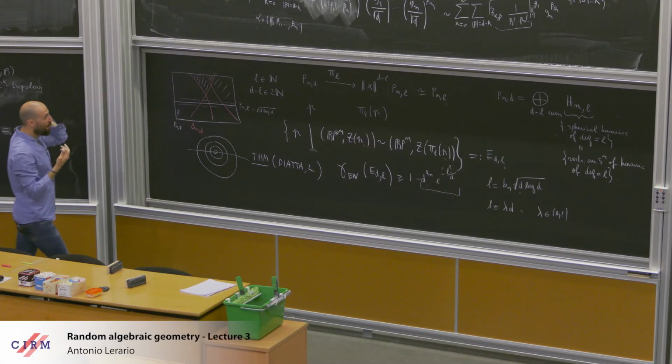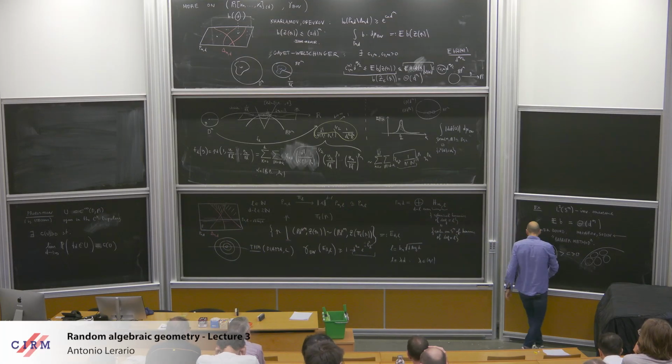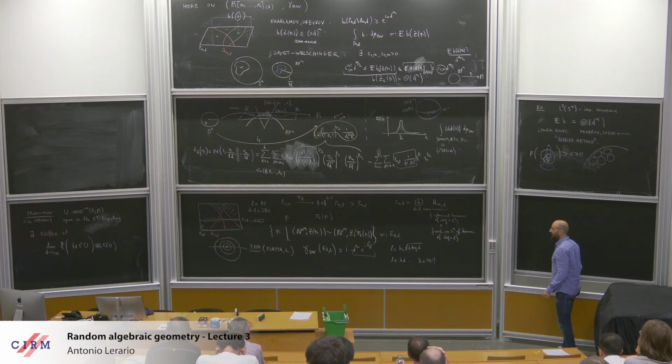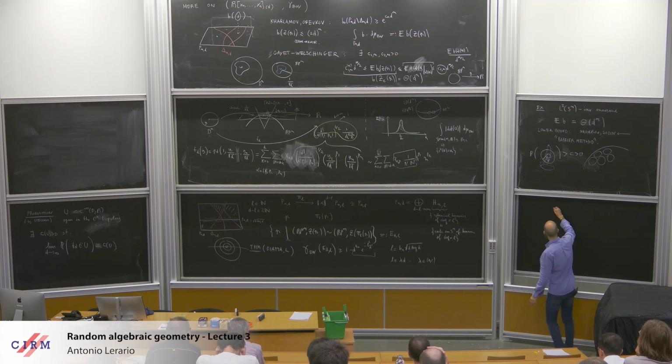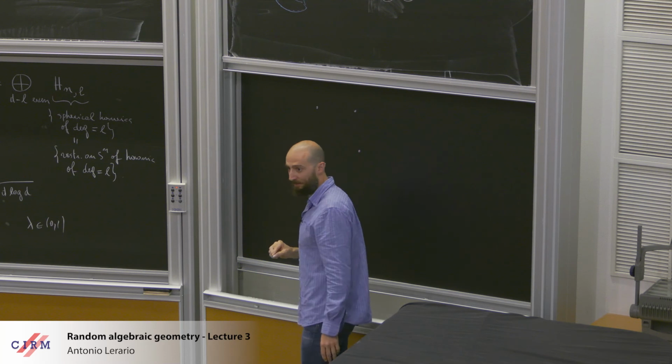So maybe I'll finish with one picture, which I don't know how to make rigorous. Imagine you have this picture of the discriminant and there is a graph. Let's say that every vertex of your graph is one chamber.